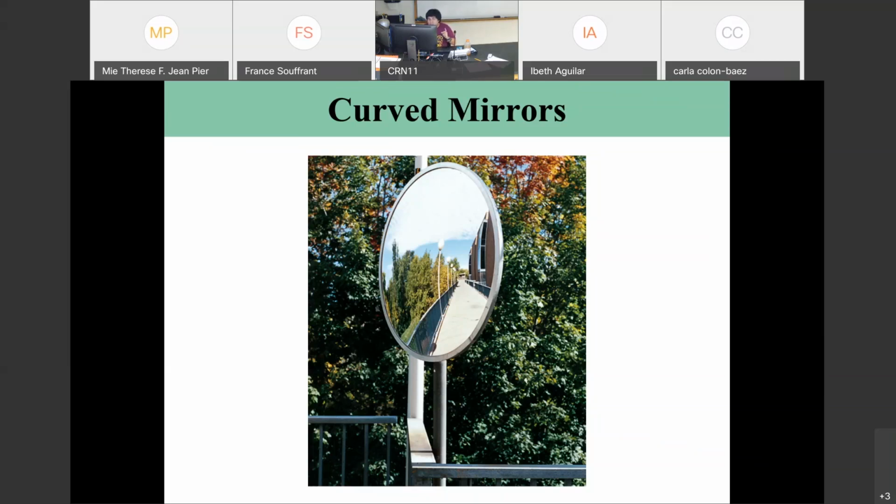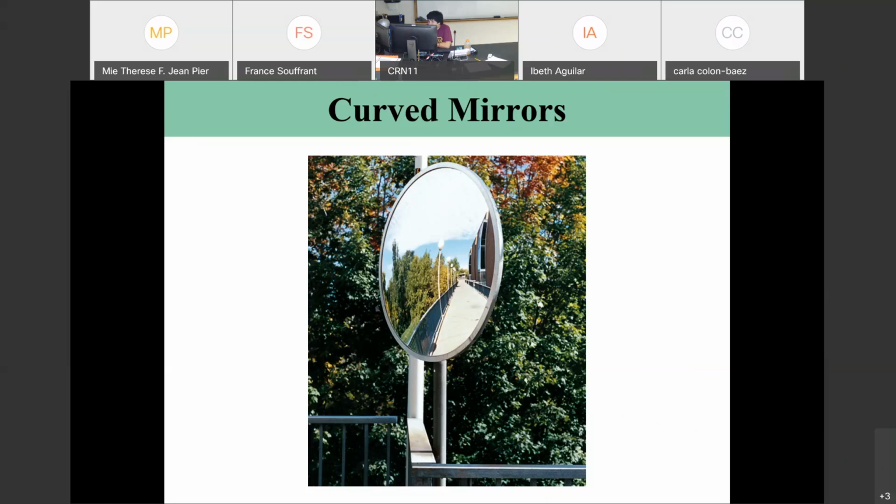So the convex mirror on your car should be used just for orientation. If a car looks too close, do not change lanes. Probably the car is just next to you in your blind spot. So there, nice application, right?